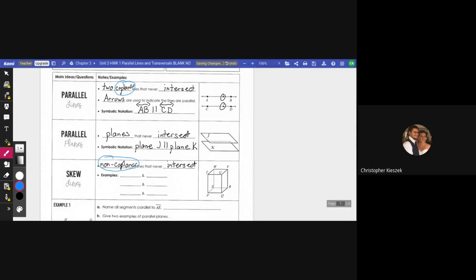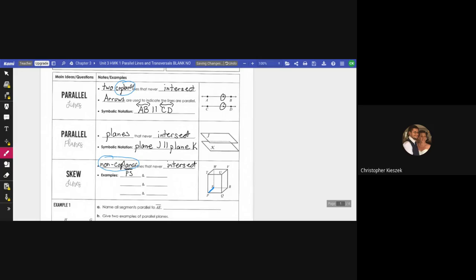So what's an example here? All right. Let's just pick a random line in this figure to the right. Let's say line PS. So which line, we only need to name one, can be skew to PS? What I'm going to do is highlight the line I'm talking about, PS.